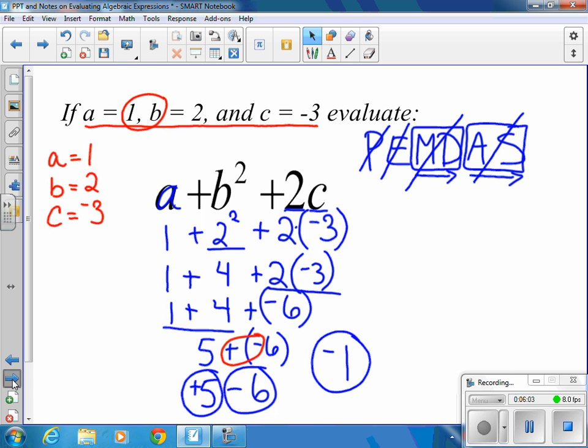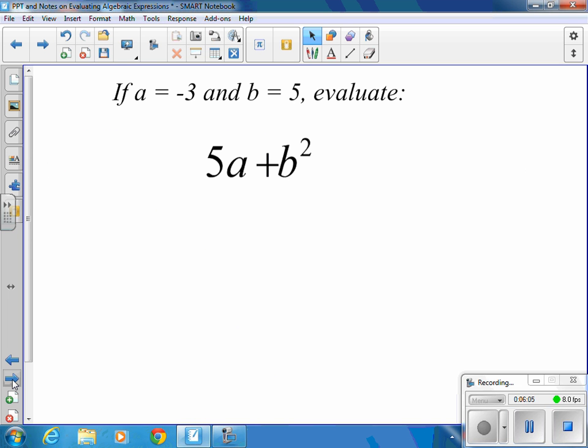Let's do another one. Same kind of thing here. We're just going to substitute in. We say A is negative 3 and B is 5. Okay, so let's just go ahead and plug in what we need to plug in. We have 5 parentheses, because again, 5A right here means 5 times whatever A is. In this case, A is negative 3.